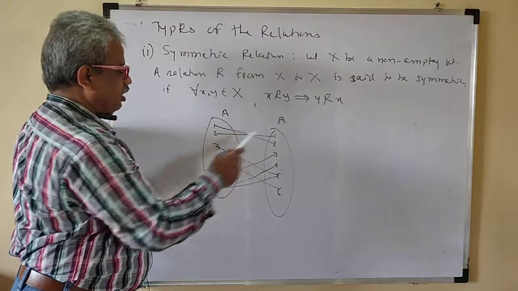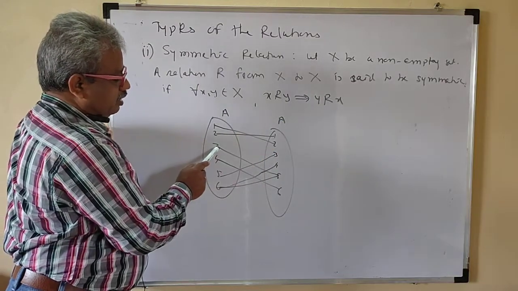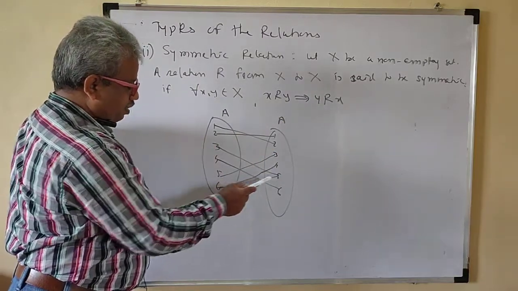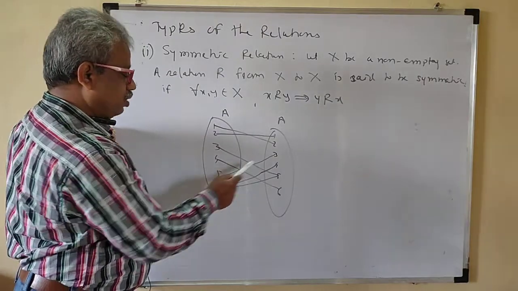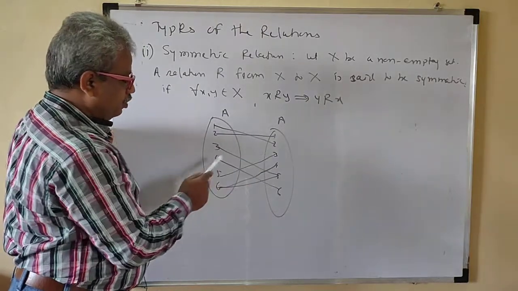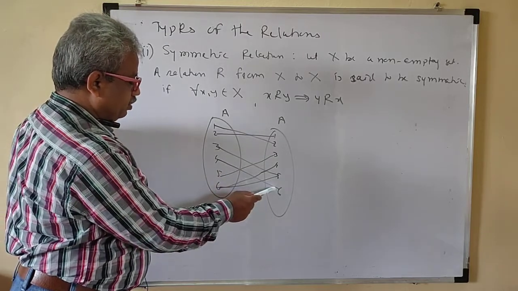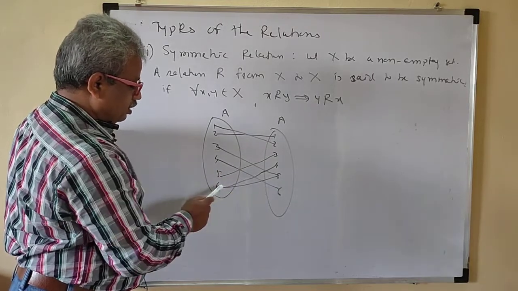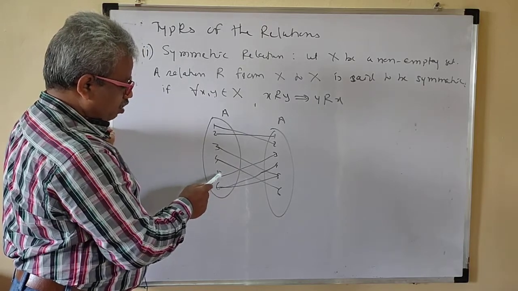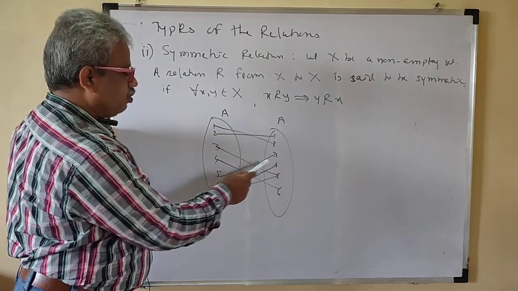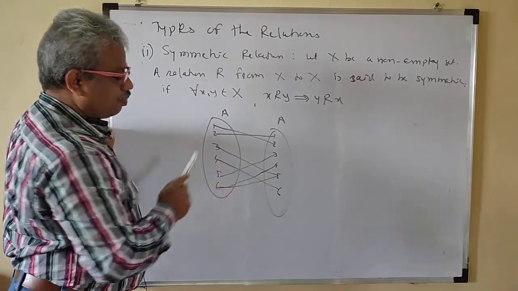x is related to y. Now here see that 3 is related to 5, 5 is related to 3, 4 is related to 6, and 6 is related to 4. So 5 is related to 3 and 3 is related to 5, right?